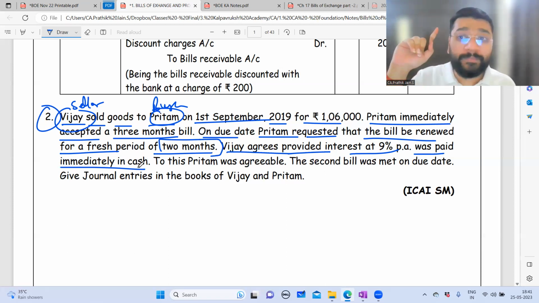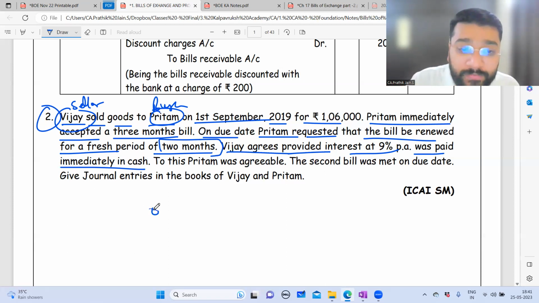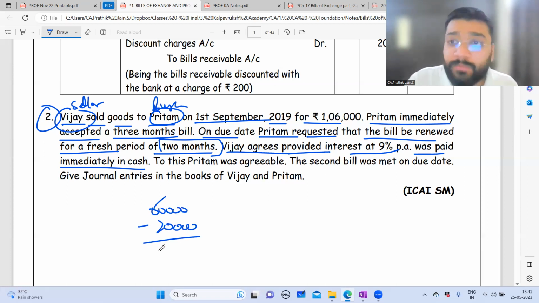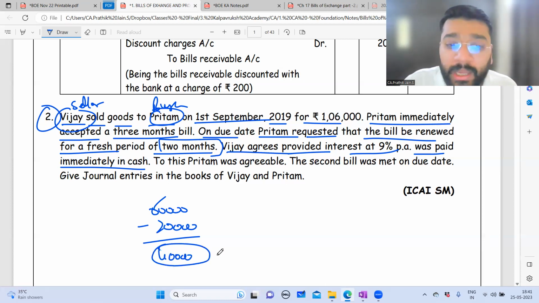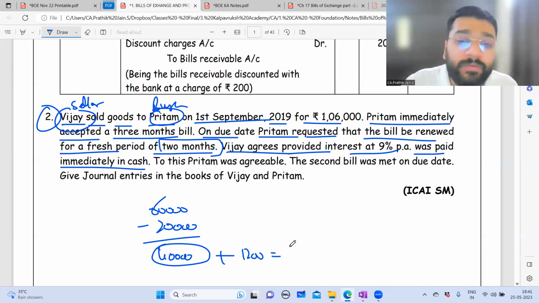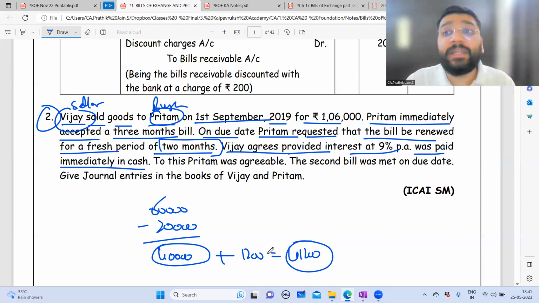In the previous question, out of the bill value of 60,000 rupees, 20,000 was immediately paid. So the balance was 40,000. When a new bill was created, they said that the balance amount along with interest of 1,200, which is 41,200, create a new bill for that.